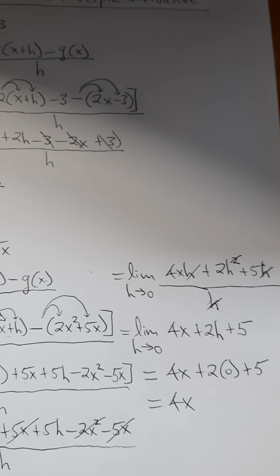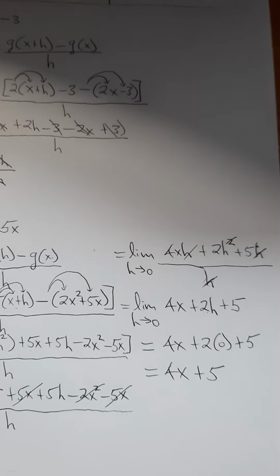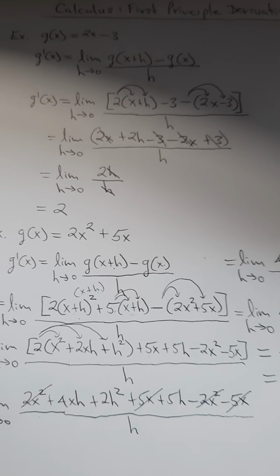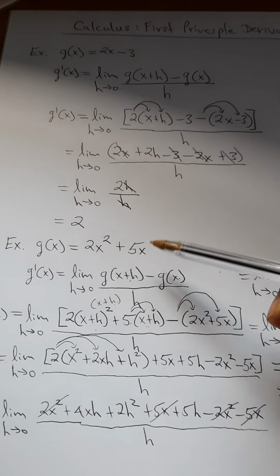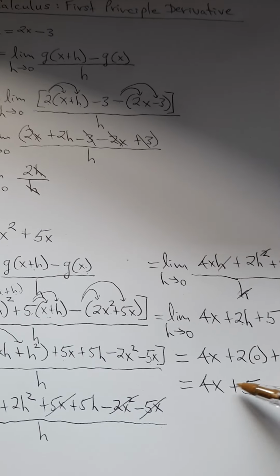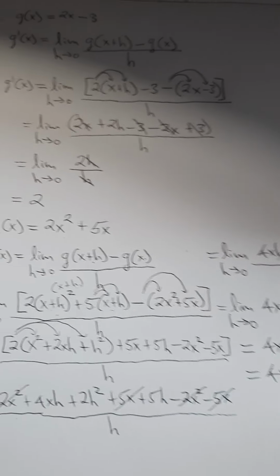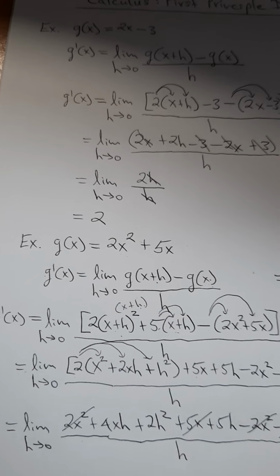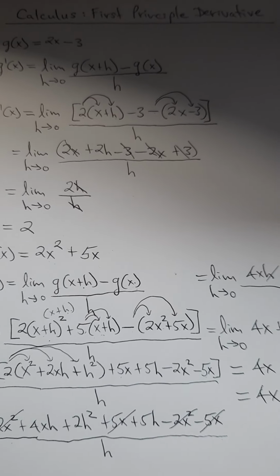So what we're left with is going to be 4x plus 5. Does everyone see that? And this is basically what the slope is. The slope of this expression right here, the 2x squared plus 5x, is going to be 4x plus 5. And this is the method of using first principles to find the actual derivative.